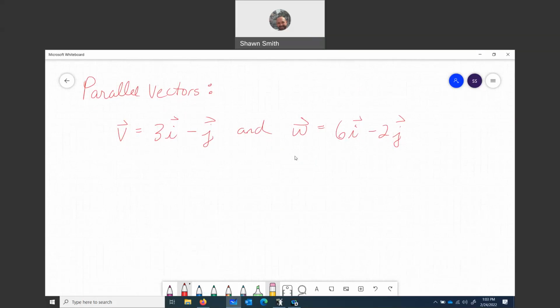I'm going to plot them separately, not on the same axis, because they're going to overlap each other. So 3, 1, 2, 3, -1. And 6 and -2. 1, 2, 3, 4, 5, 6. Down 2.